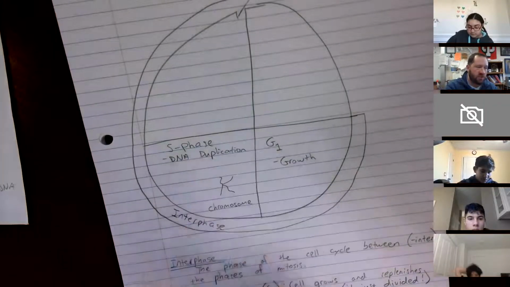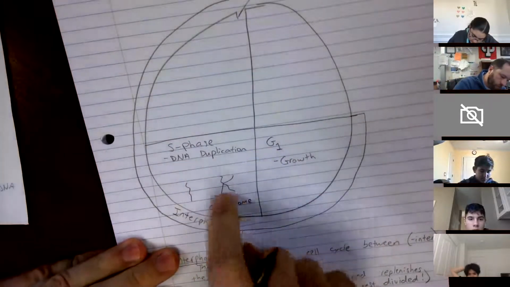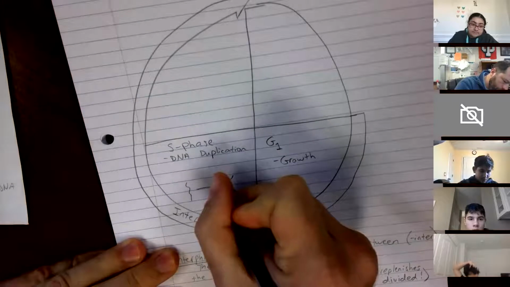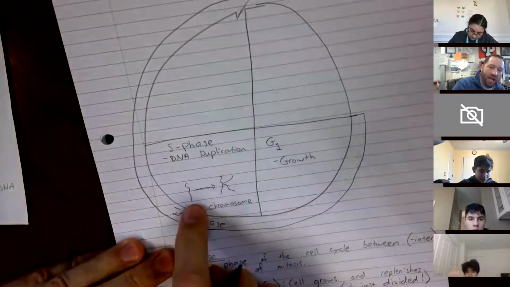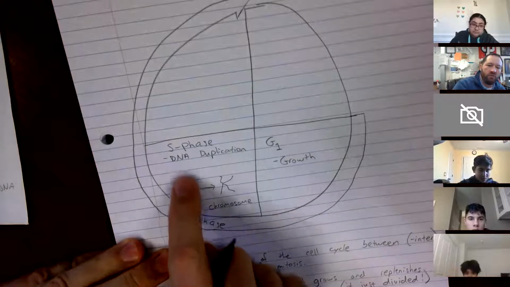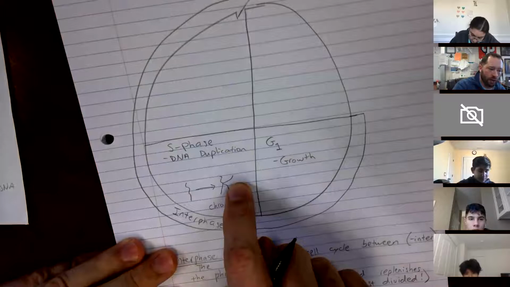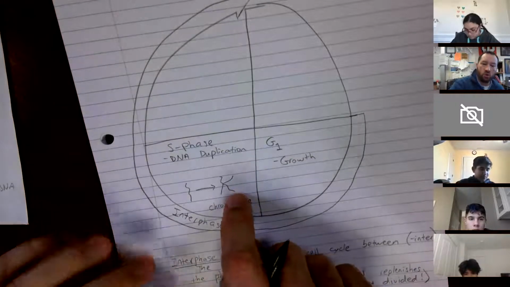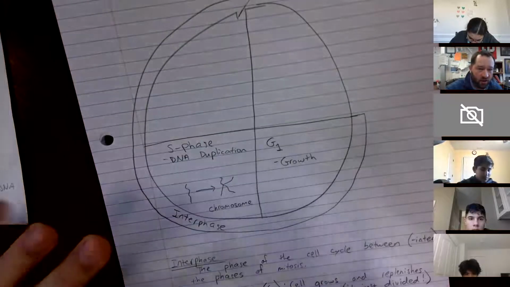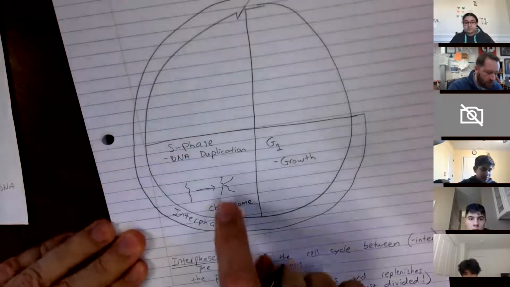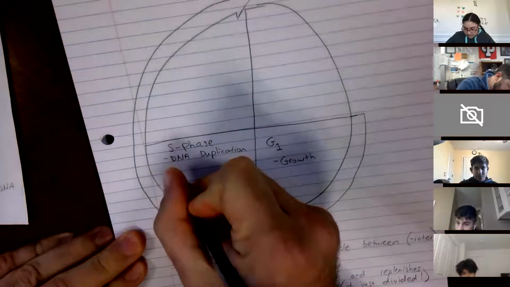Prior to S phase, chromosomes are just kind of a single strand. They're not an X. They're just a single strand. And it's during S phase that one strand copies itself and becomes two strands that kind of make that X shape. And again, here's the problem we have with science. This is called the chromosome, and this is called the chromosome.